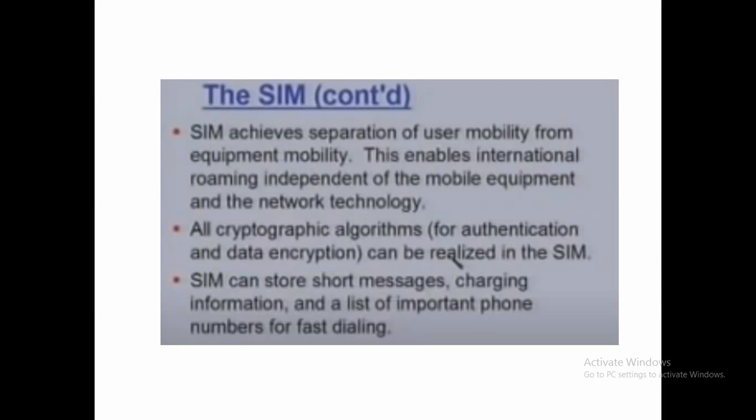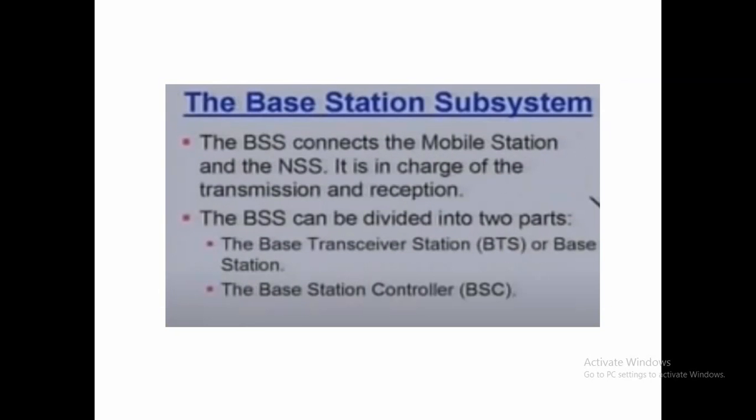But you can leave the equipment at home, take the SIM with you, go to the office, insert it in another equipment and start talking. That is the user mobility. And this enables international roaming independent of the mobile equipment and the network technology.